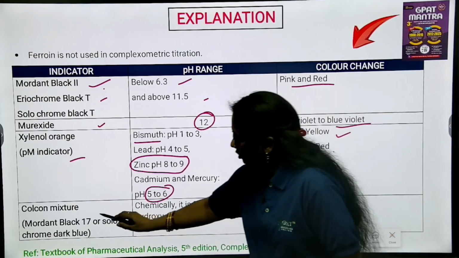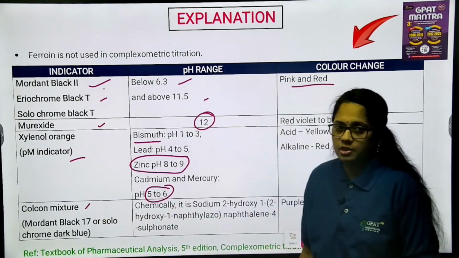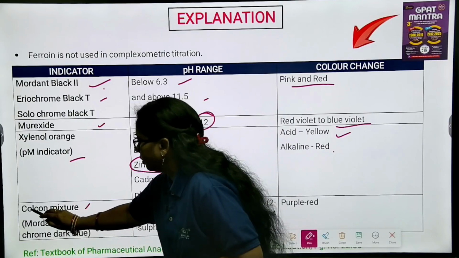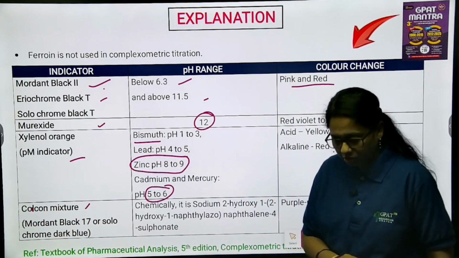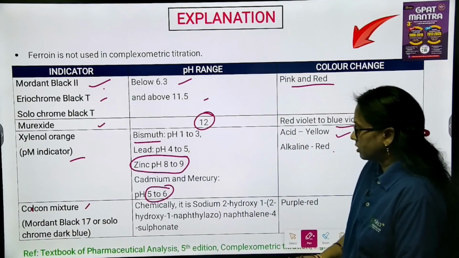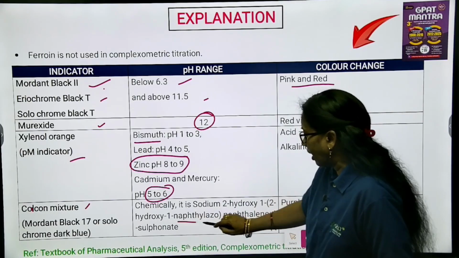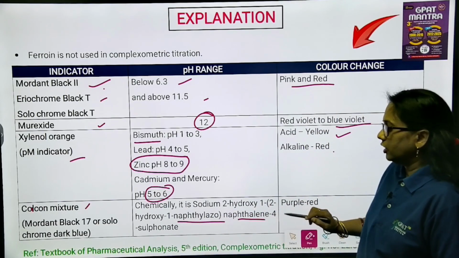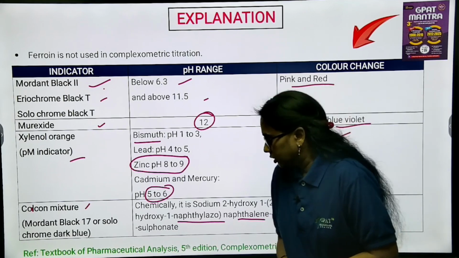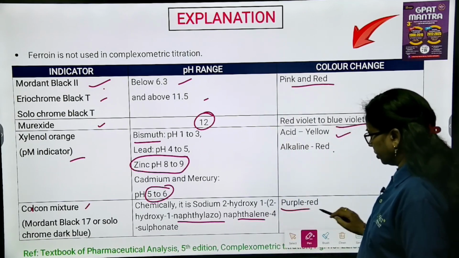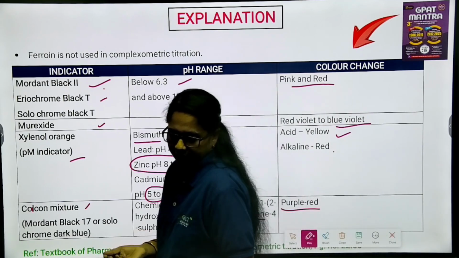Finally, another indicator is calcon mixture, which is also used in complexometric titrations. Its chemical name is sodium 2-hydroxy-1-(2-hydroxy-1-naphthylazo)naphthalene-4-sulfonate. It gives a purple to red color end point.